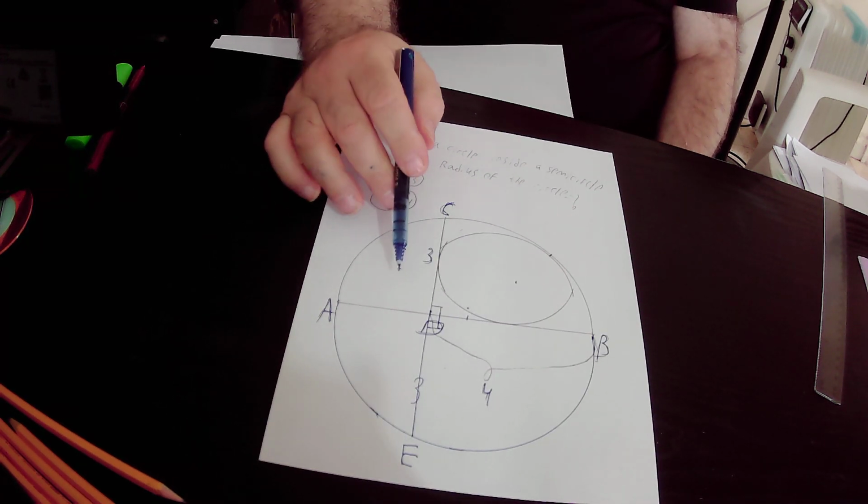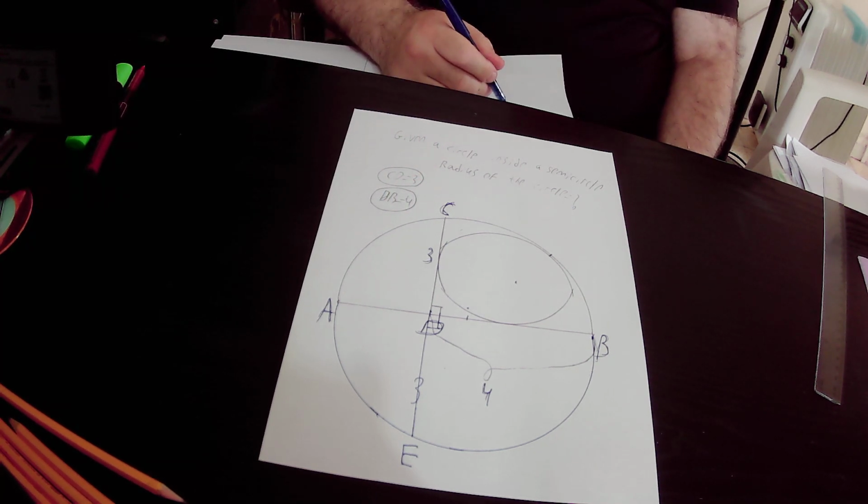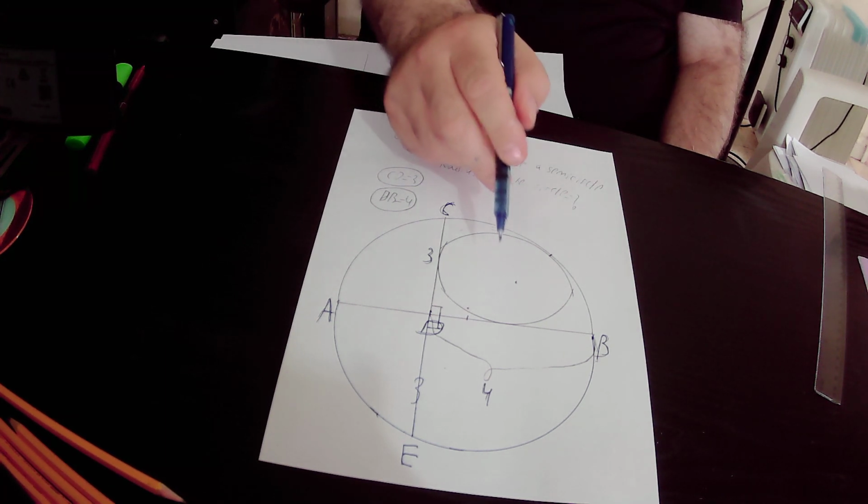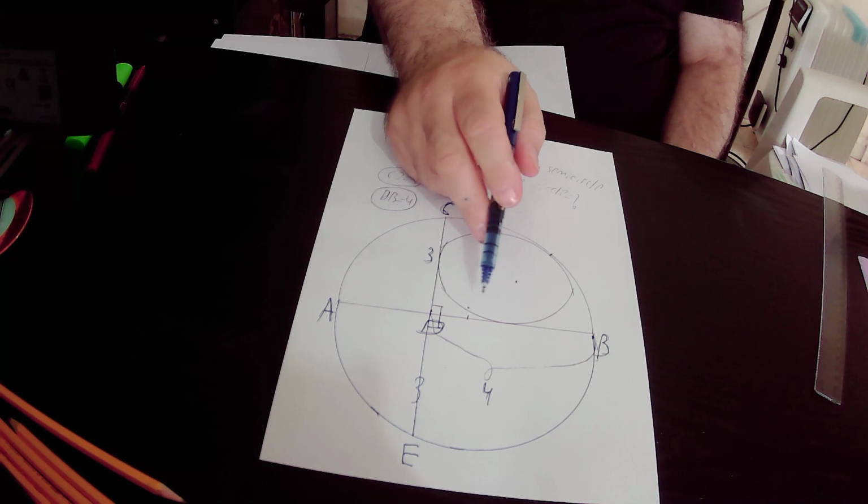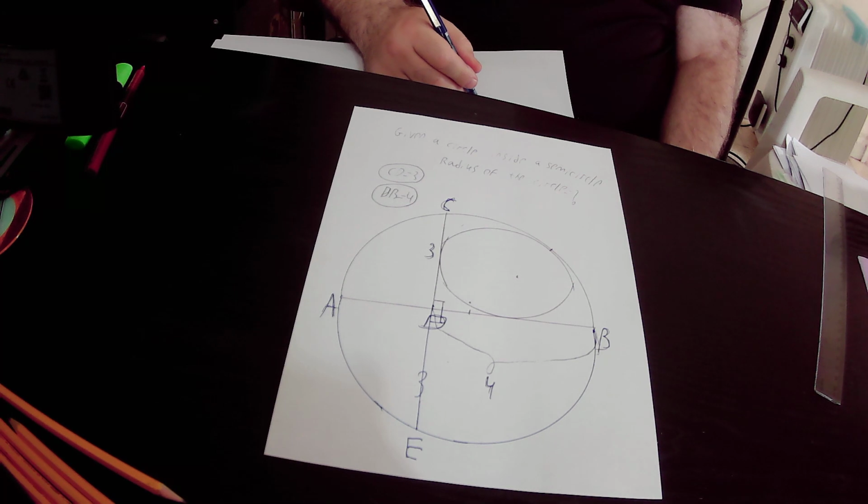Here AD is the missing line segment, so we will leave it as it is. AD times DB. According to what is given in the question, DB equals 4 units. So we'll substitute DB by 4.